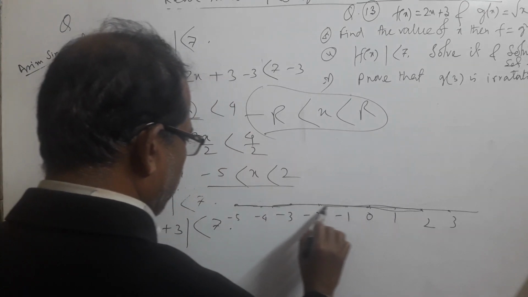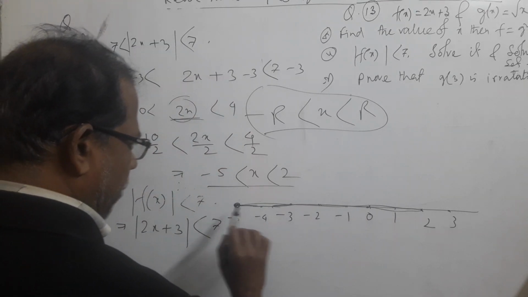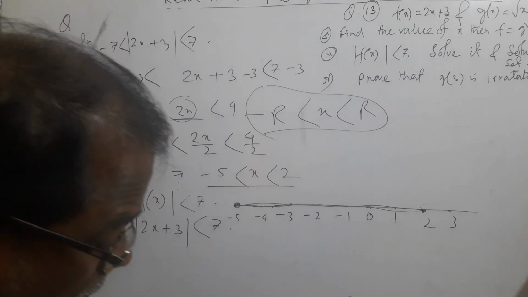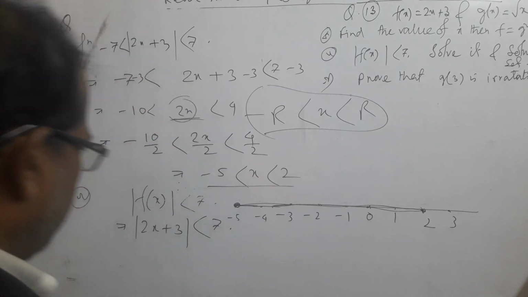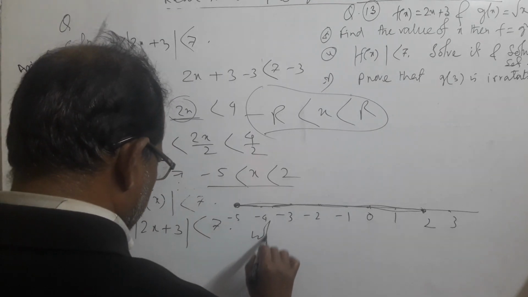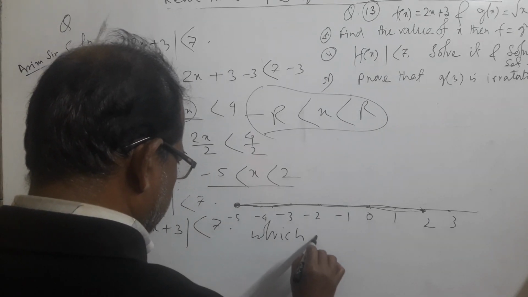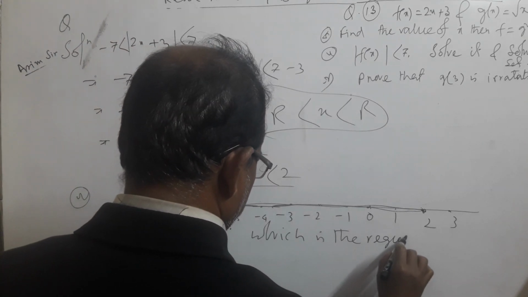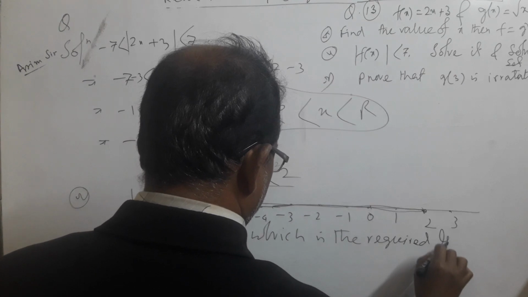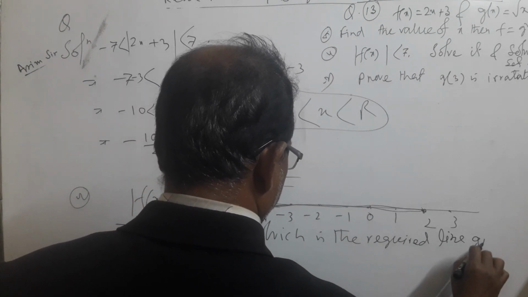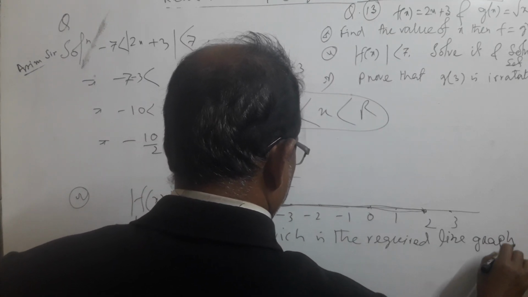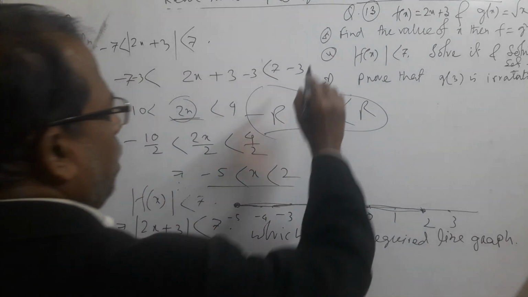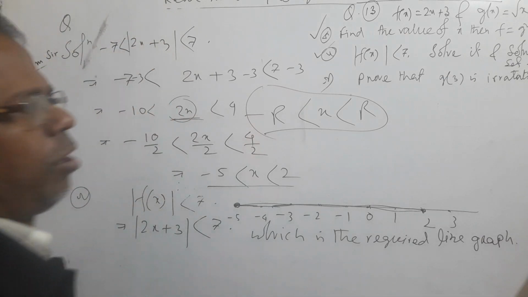Minus 5 to 2 is the required line graph. Is that also clear?